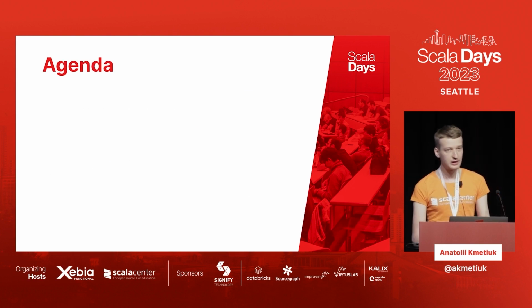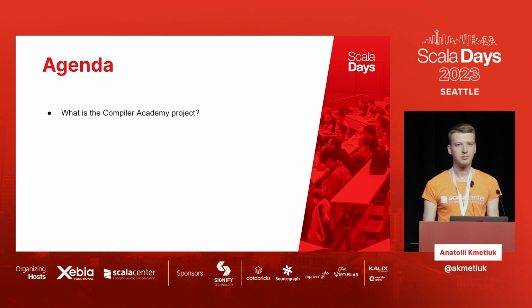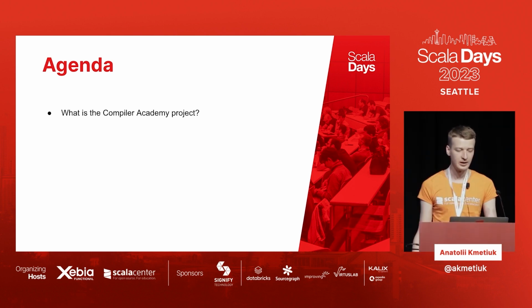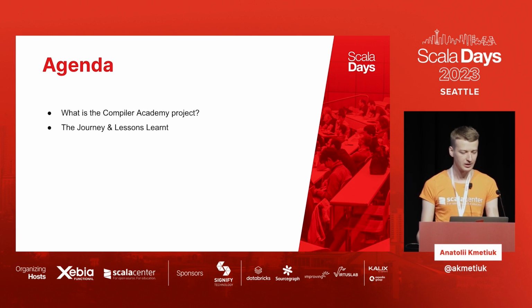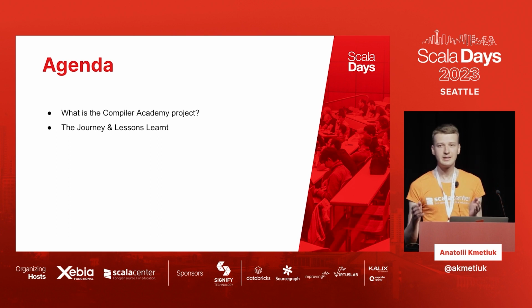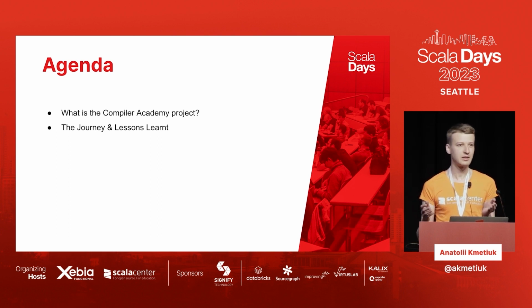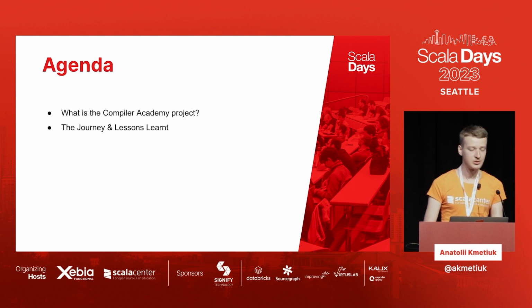In this talk, I would like to speak about the project that I've been working on for the past 2 years, which is the Compiler Academy. I would like to cover what the Compiler Academy is and why it originated. Then, in those 2 years, the Compiler Academy took quite a journey, so I would like to separate some distinctive periods in its history and cover what motivated them and how they went.